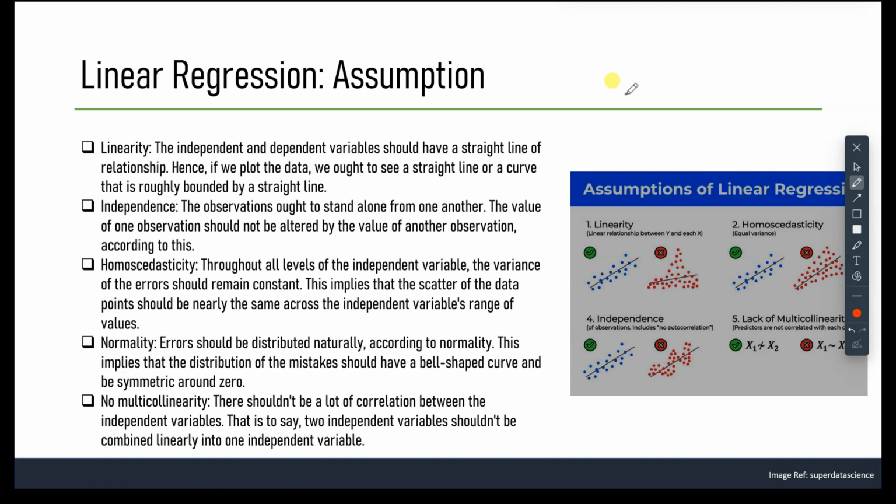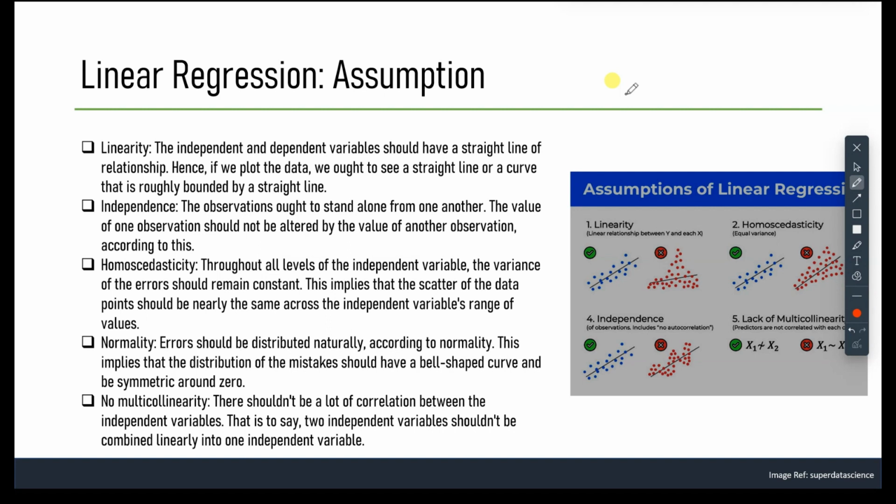For the closing words: linear regression is a statistical technique used for modeling a dependent variable and one or more independent variables. The goal is to find the best fitted line that describes the relationship between the variables and minimizes the difference between observed values and predicted values.